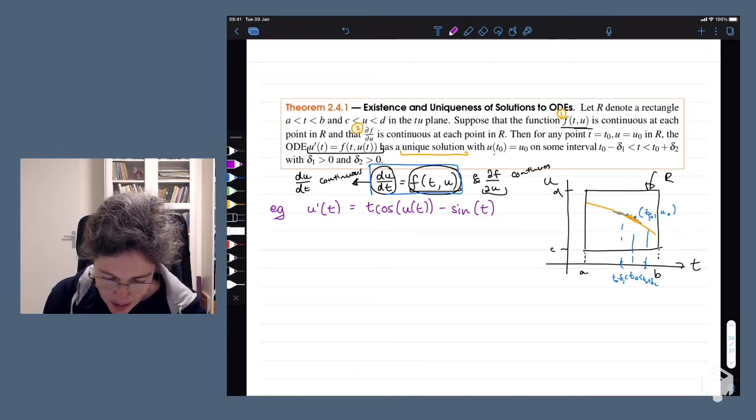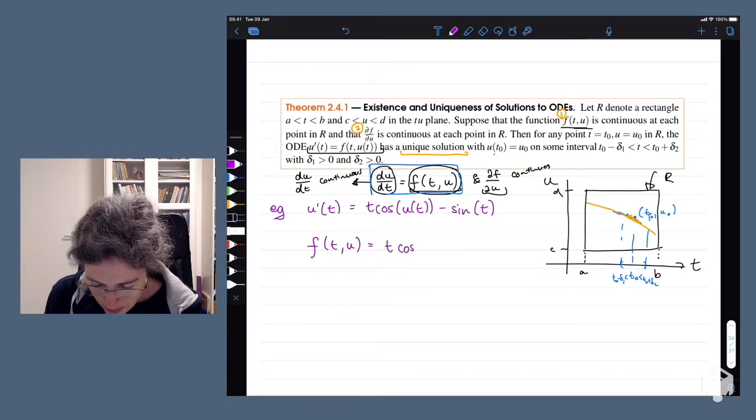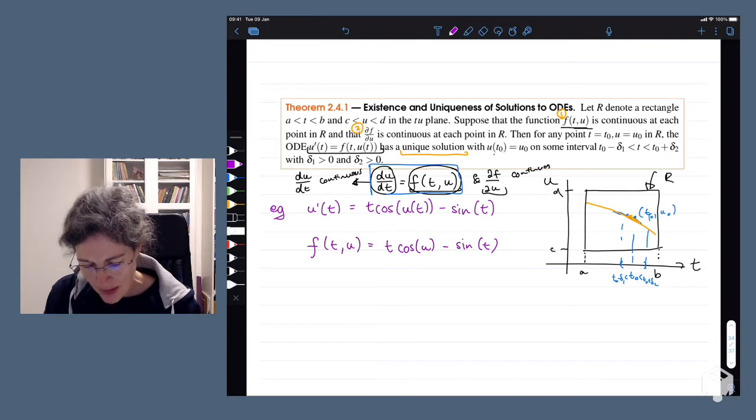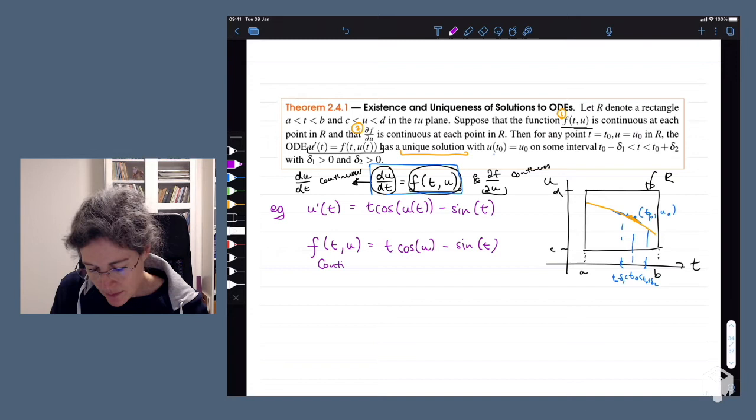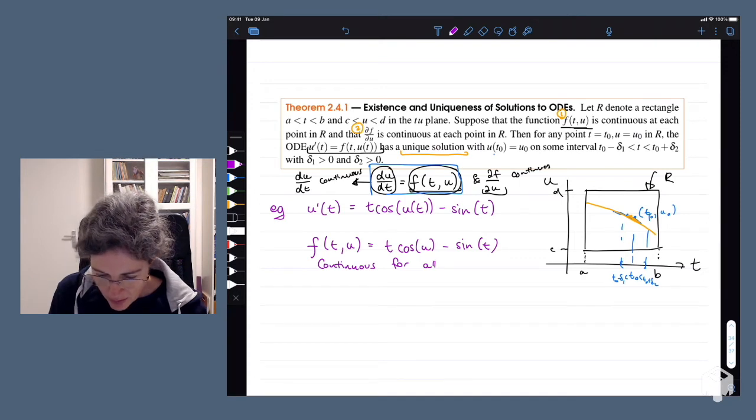So let's have a look at an example here. We have the one that we've just seen there. Here our f of t and u is t cos of u minus sine of t. And that is continuous everywhere, so that's delightful. So this is continuous for all u and t.